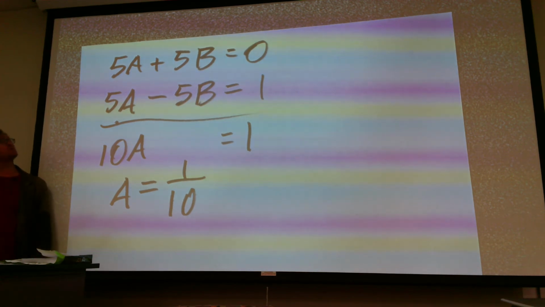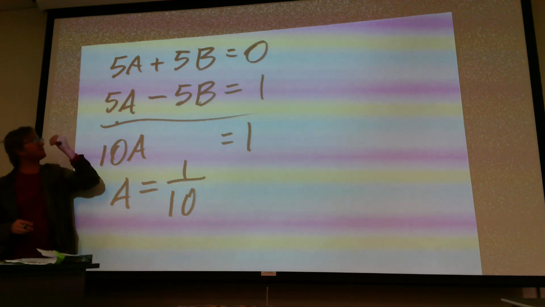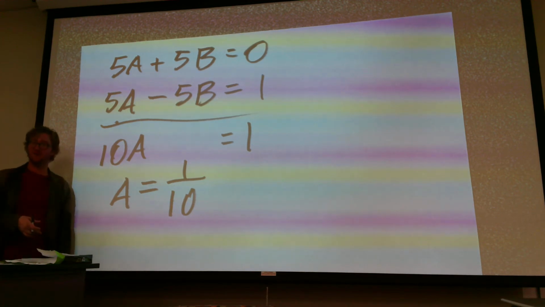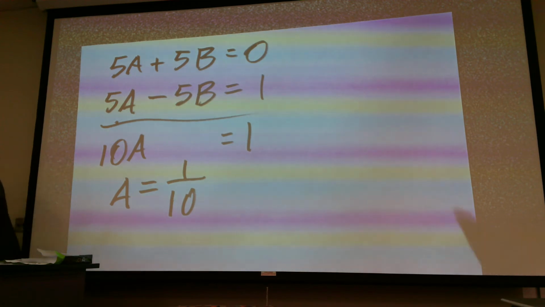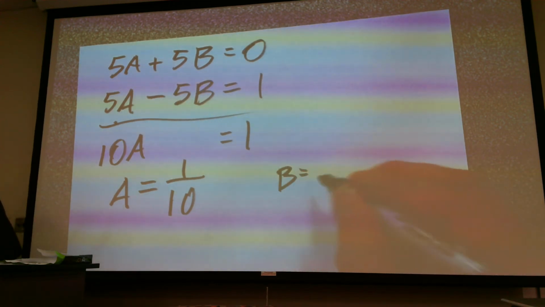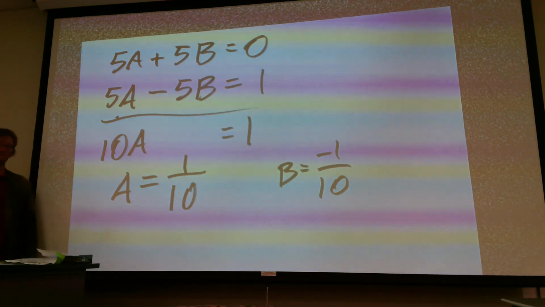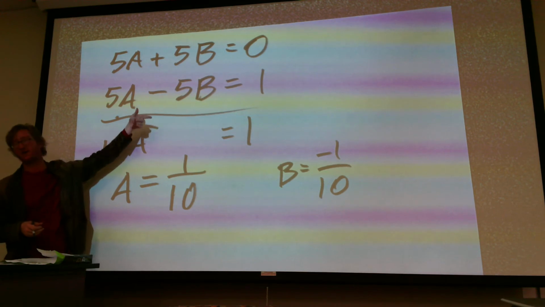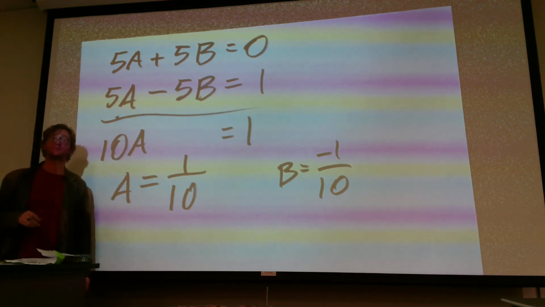Now if I plug a into this, imagine you have 5a plus 5b equaling 0, and a is 1 over 10. Well, you can subtract 5 over 10 to the other side, and then divide by 5. Well, b would equal negative 1 over 10. When you think about it, that makes sense. So you plug that into this, you get 1/2 plus 1/2, which equals 1.